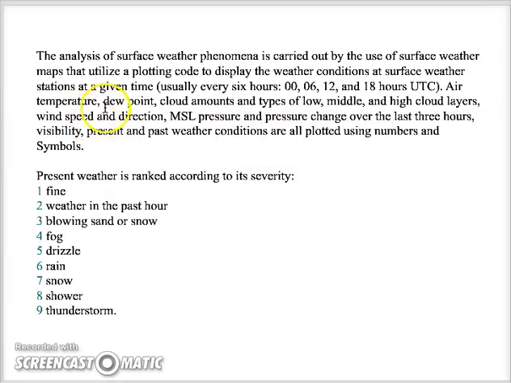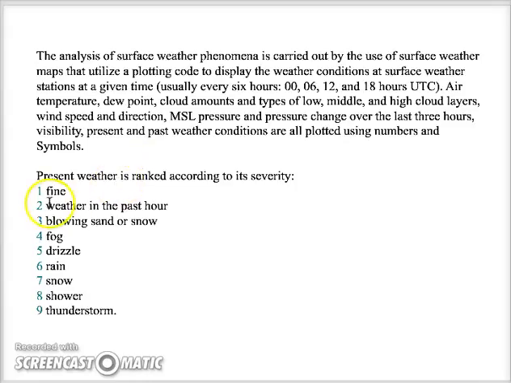Air temperature, dew point, cloud amounts, and types of low, middle, and high cloud layers, wind speed and direction, MSL pressure, and pressure change over the last 3 hours, visibility, present and past weather conditions are all plotted using numbers and symbols.